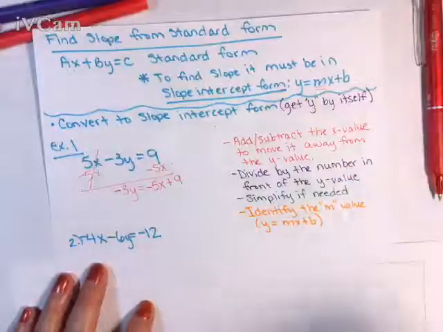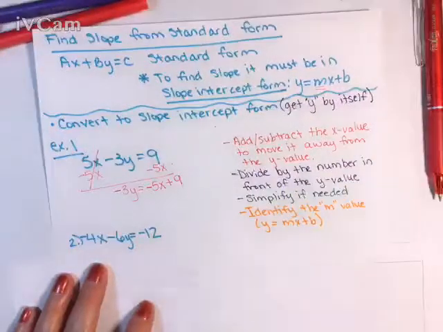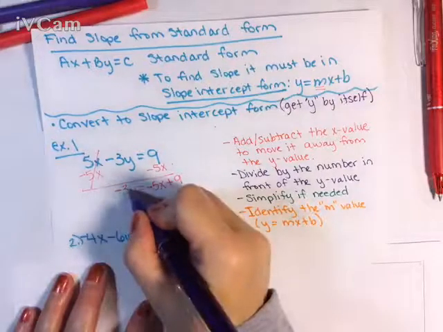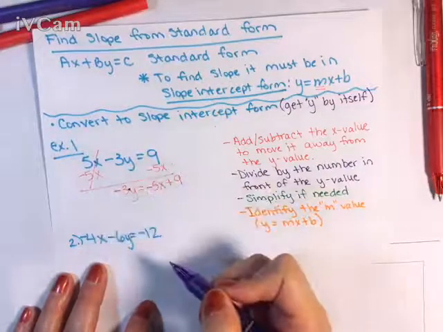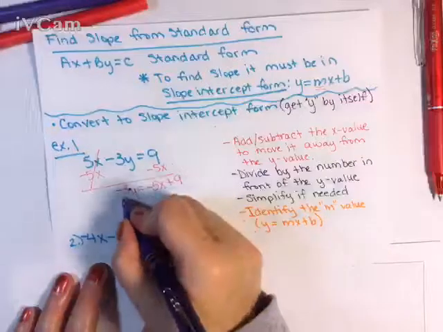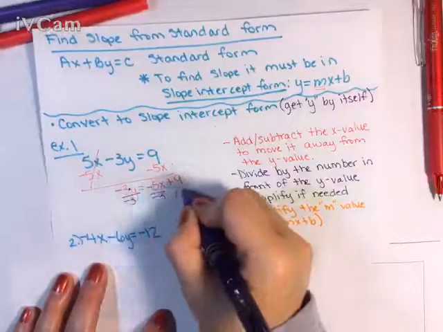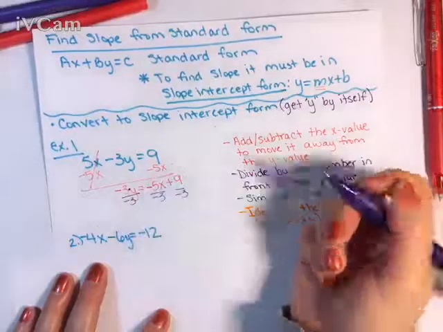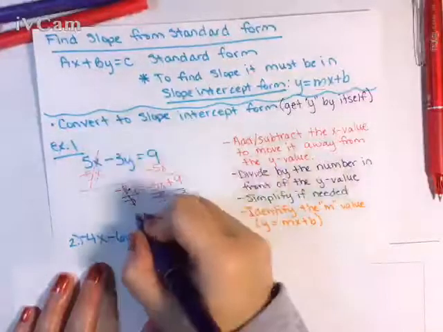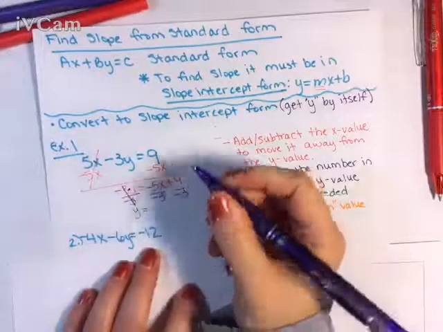The next part is to divide by whatever number's in front of your y value, and the reason why we're going to divide it is because right now the way it's written, that's multiplication. So to undo multiplication, we're going to divide, and we're going to divide on every single term. The negative 3's are going to cancel out and leave you with just y equals.